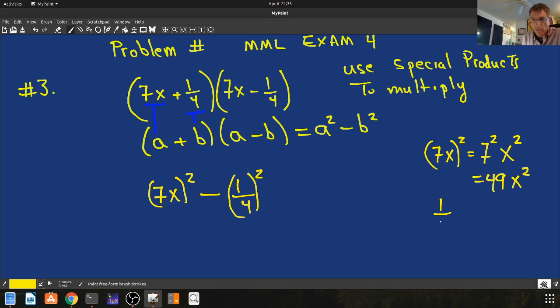And 1/4 squared is equal to 1/4 times 1/4, which is equal to 1 times 1, which is 1. 4 times 4 is 16. So this is equal to 49x squared minus 1/16.